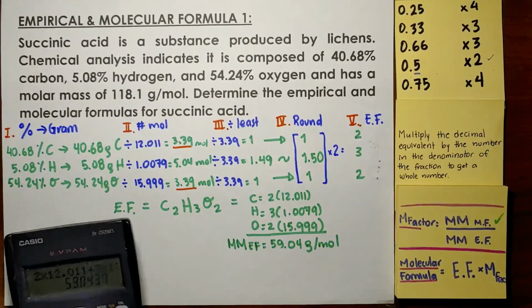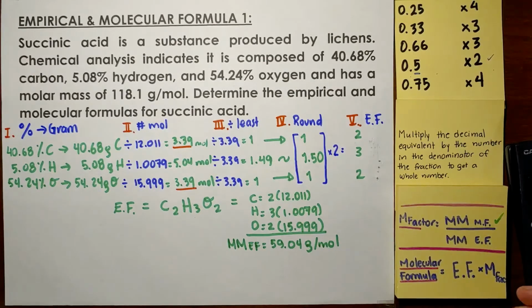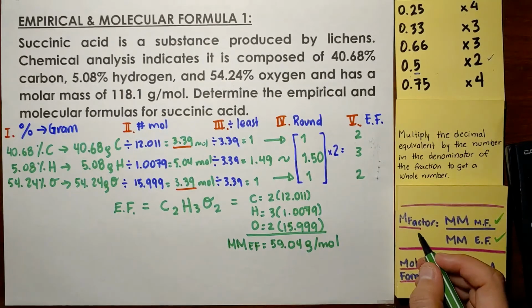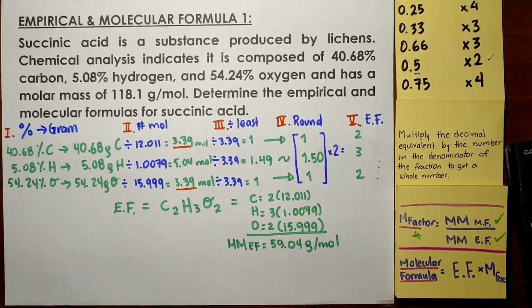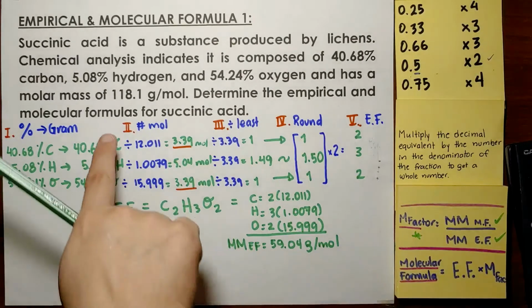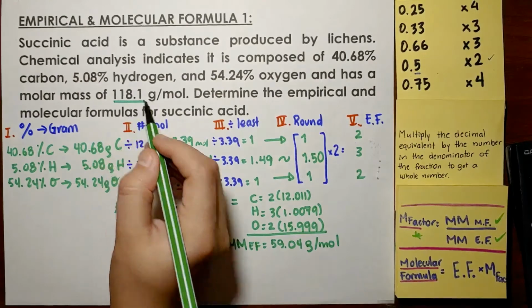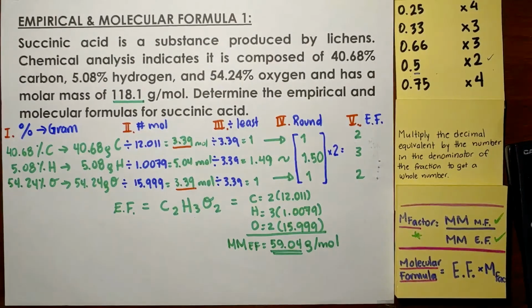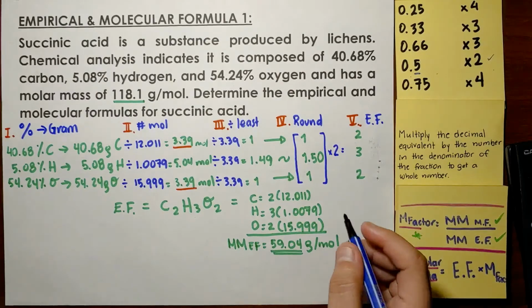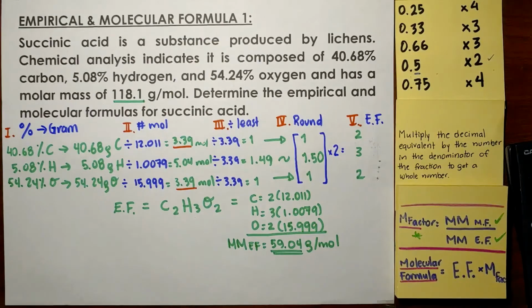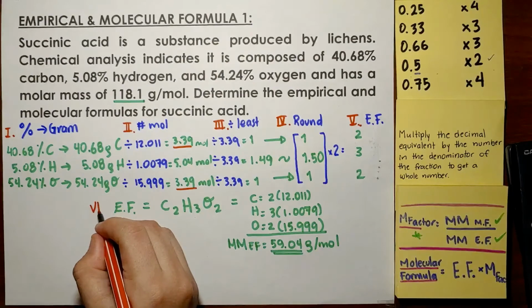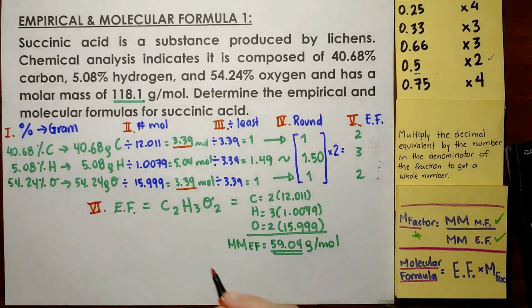Now we can get the factor. How can we get the factor? Dividing the molar mass given by the molar mass that we just got. So the 6th step is the molar mass of the empirical formula.